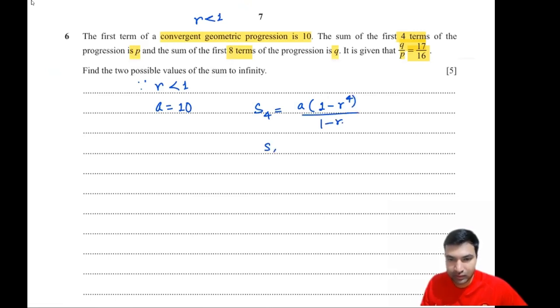And n is equal to 4, so with a as 10, it is 10 times (1 minus r to the power 4) over (1 minus r). That's equation 1. And then we are given the sum of the first 8 terms.